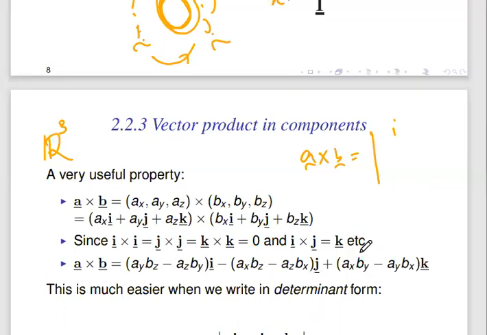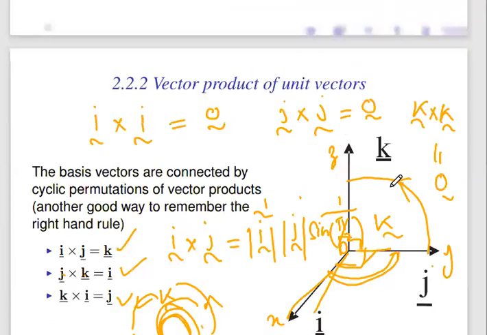So A cross B. A has three components, the X component, Y and Z component, cross with vector B, which has X component, Y component, and Z component.